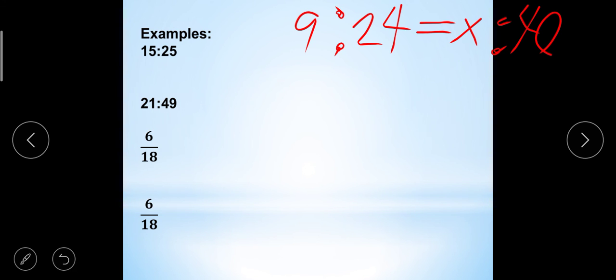So, product of the mean and then product of the extreme. So, we have 24 and X. 24 multiplied by X is 24X.